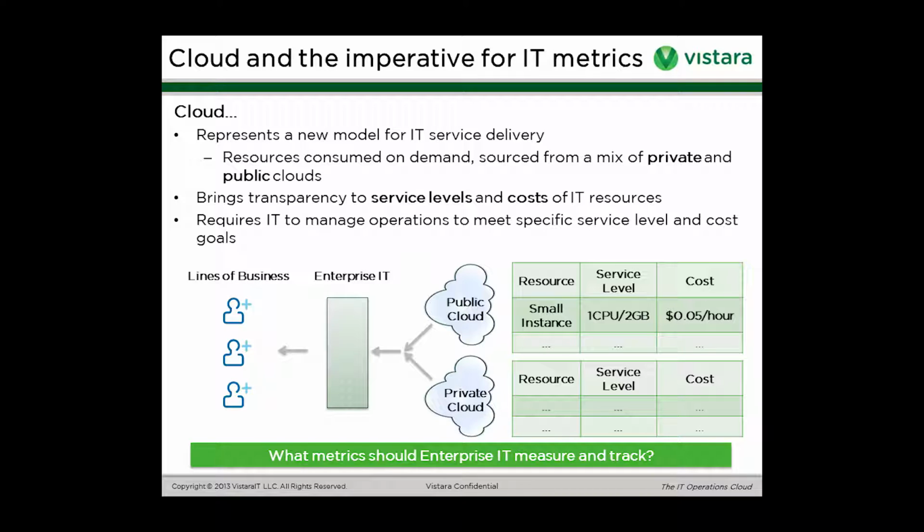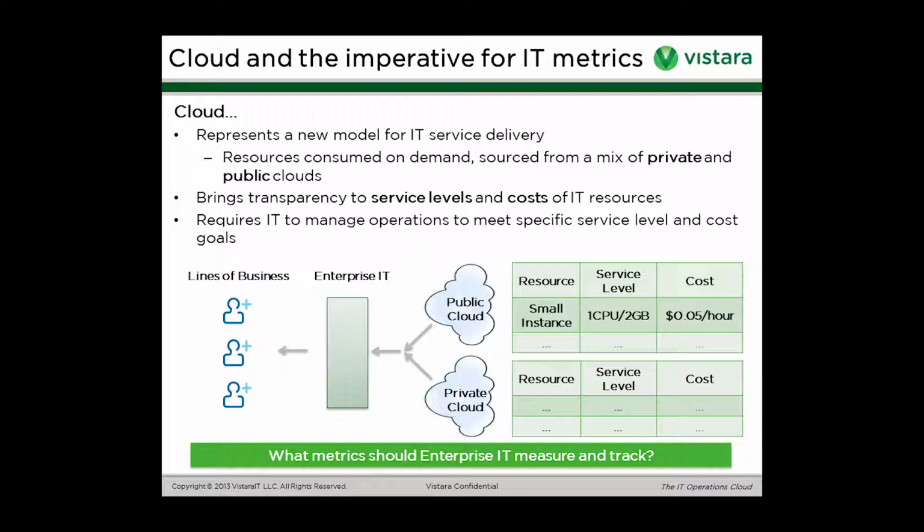So that's one point. The other important implication is that public cloud formalizes what was heretofore somewhat informal around the quality of service delivered, the service levels for these IT resources, and the cost at which they were delivered.